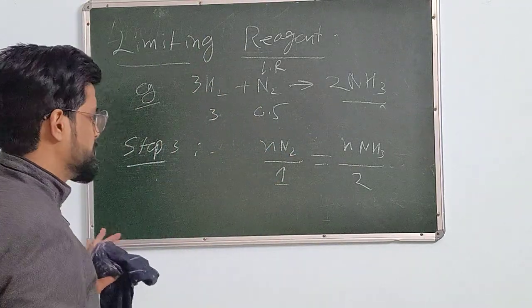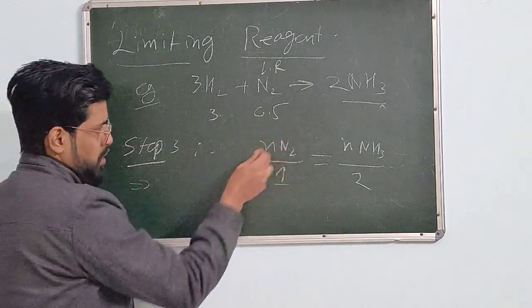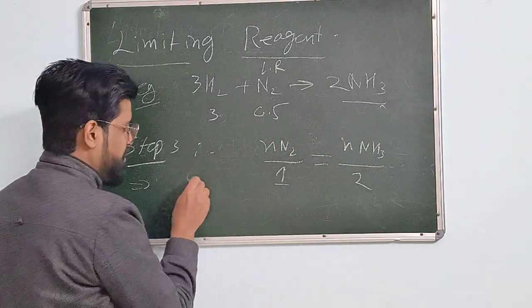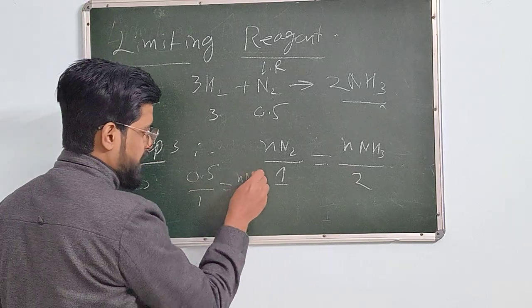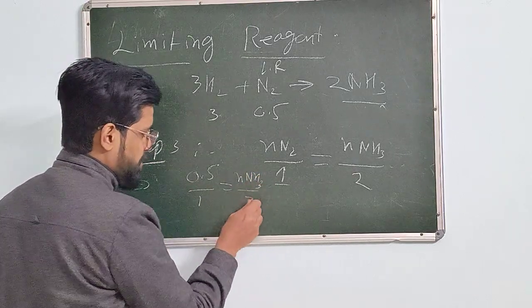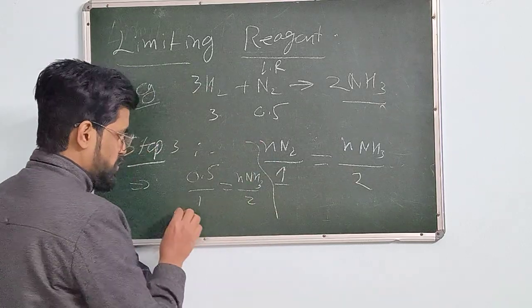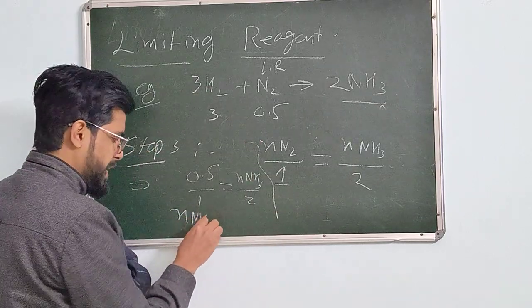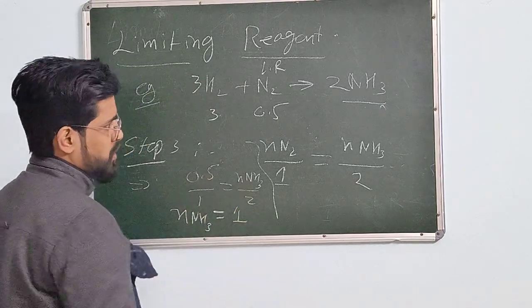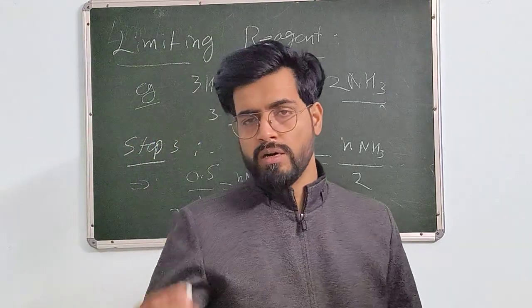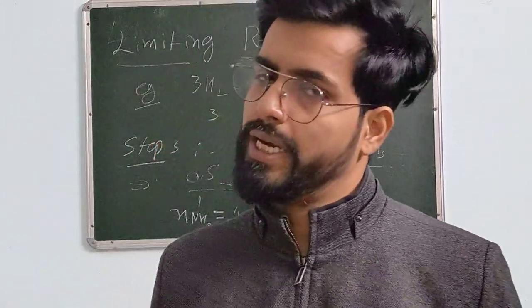When we put the values, the moles of N2 we have is 0.5 divided by 1, and the moles of NH3 divided by 2. So we got the moles of NH3 is 1. So we get the moles of the product.